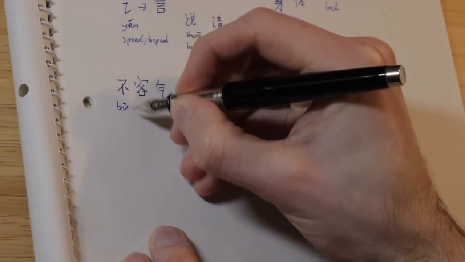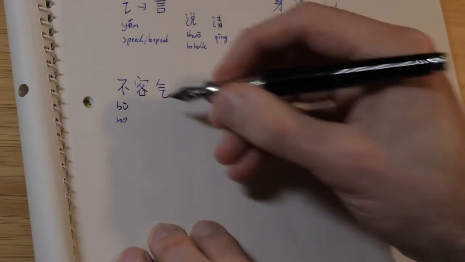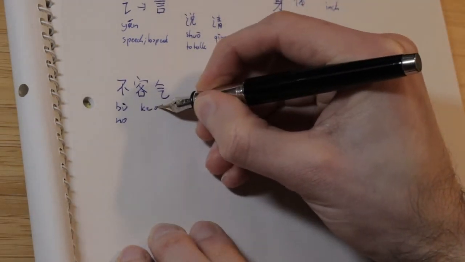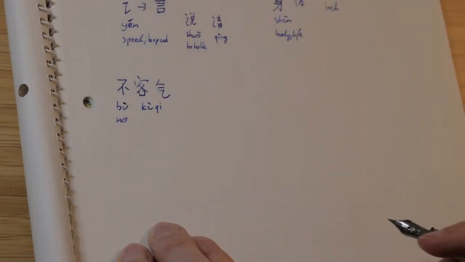Bu, the fourth tone, means no. And then you have ke, qi. And ke, qi together means to be polite. So 不客气 means don't be polite. So if somebody says 谢谢, thank you, you can say don't be polite, it's fine. So 谢谢, 不客气.